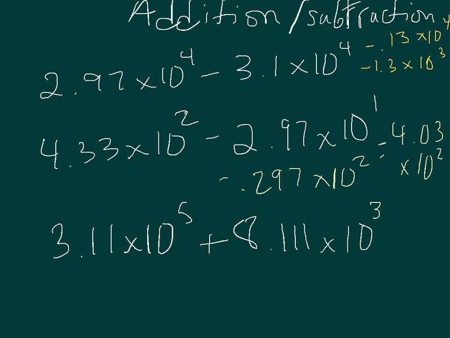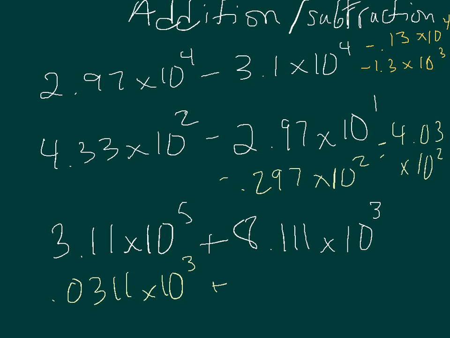So what I want to do is I have exponents here that do not match, so I want to make them match. I'm going to just go ahead and make this 10 to the fifth a 10 to the third. So I'll put 0.0311 times 10 to the third, because I want to take it down two notches, plus this number.